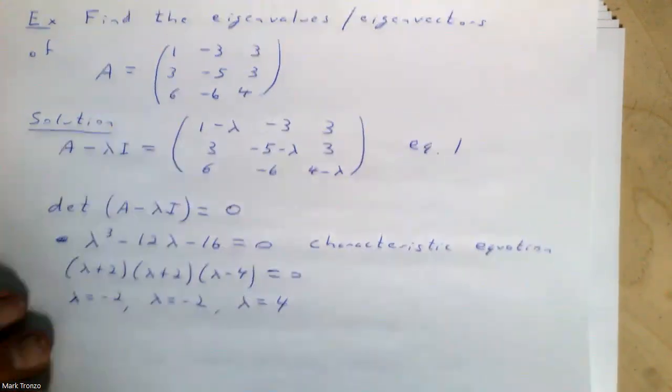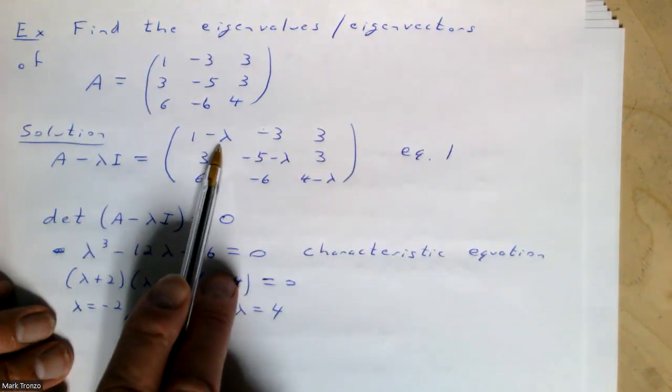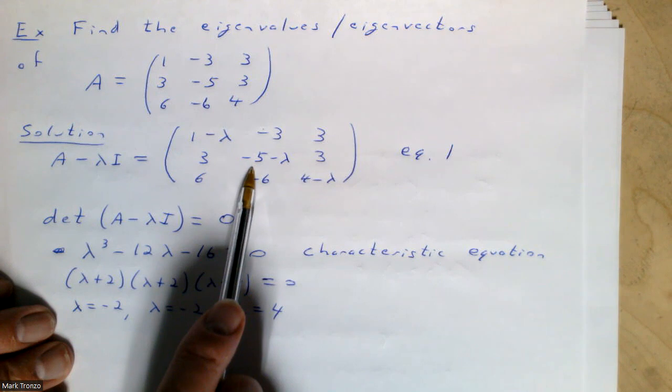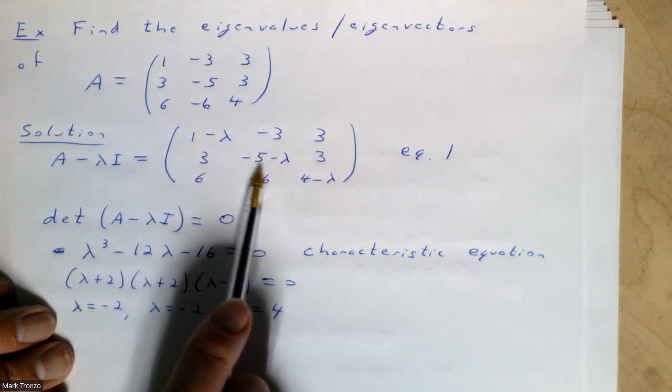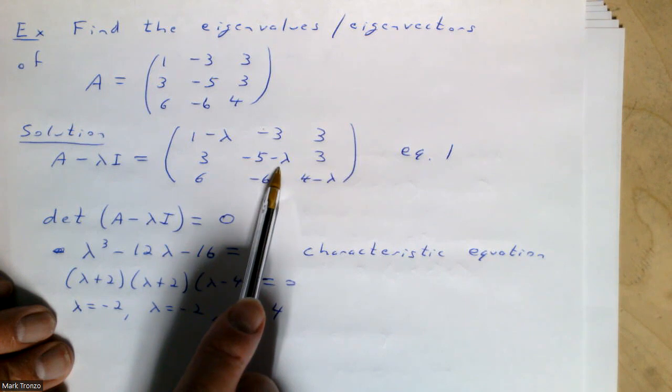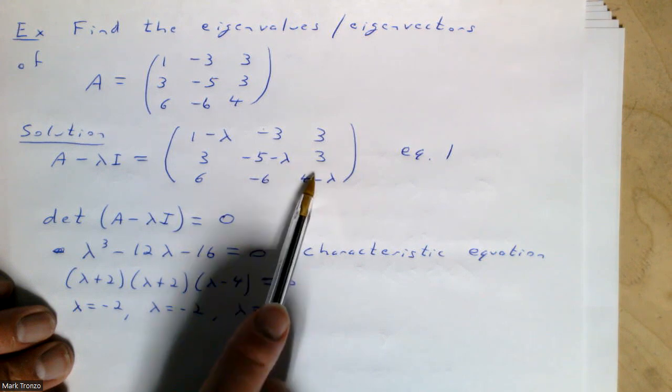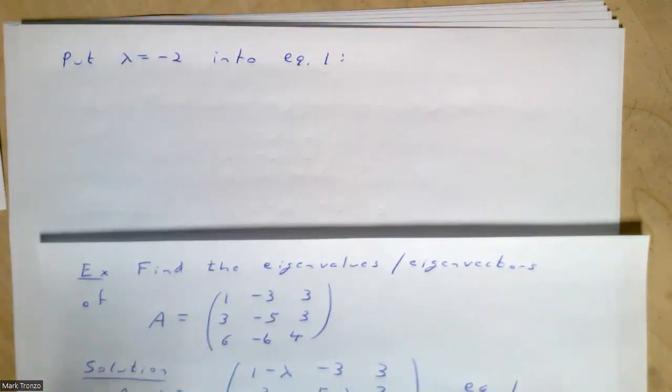So put that in here. And what do we get if we put minus 2 in here? This would be minus 2. This would be 3, minus 3, 3. That's going to be minus 3 here, etc. So let's do that. Plug those in.